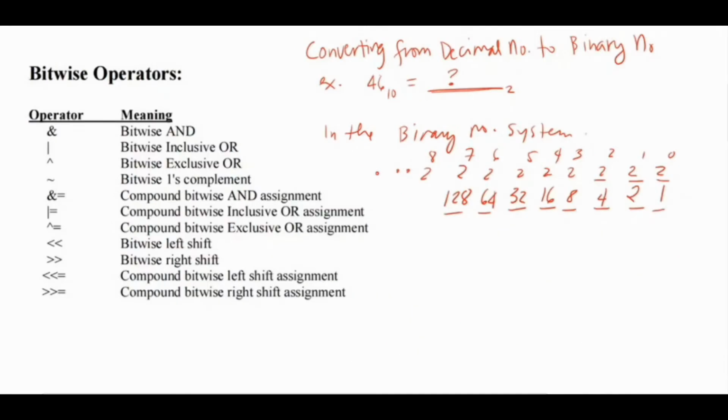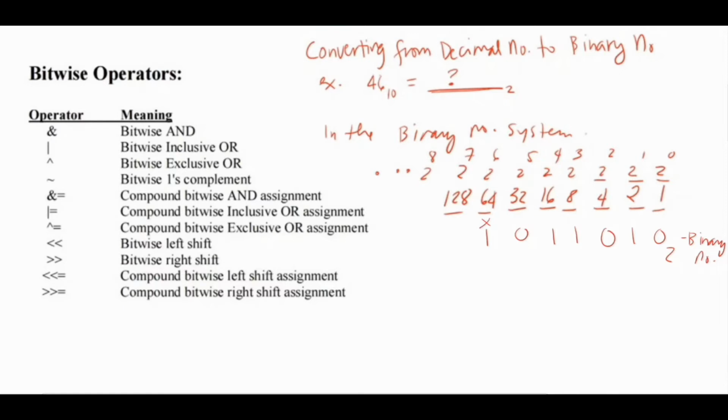How about if we have a binary number, 1011010? This is a binary number, so this is base 2. Say we're going to convert this binary number to its equivalent decimal form. To do that, we multiply each bit with the integer value in that bit position.